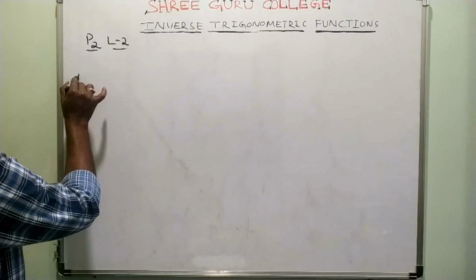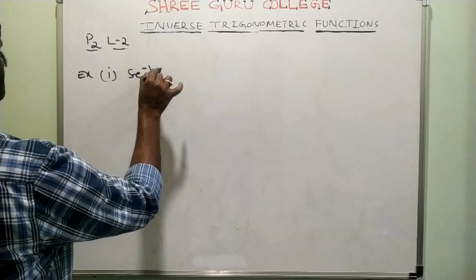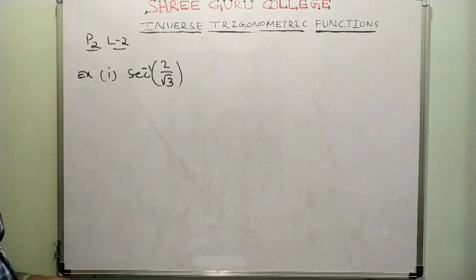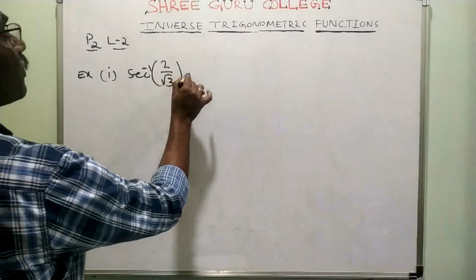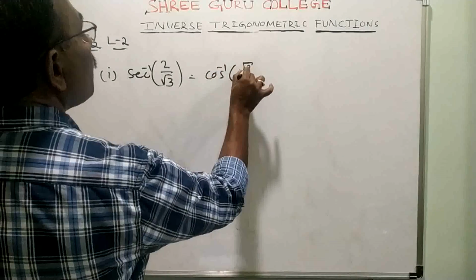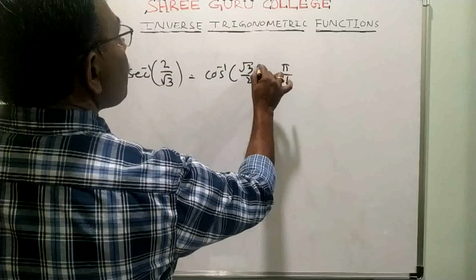For example, secant inverse of 2 by root 3. It is very difficult to solve directly, so better go to the reciprocal: cos inverse of root 3 by 2. So the correct answer is pi by 6.